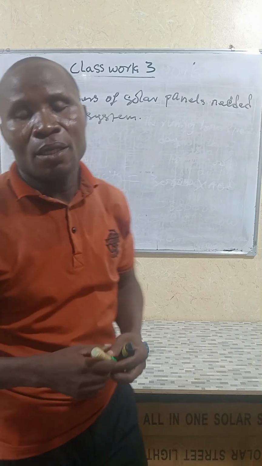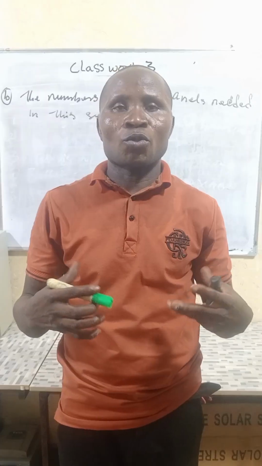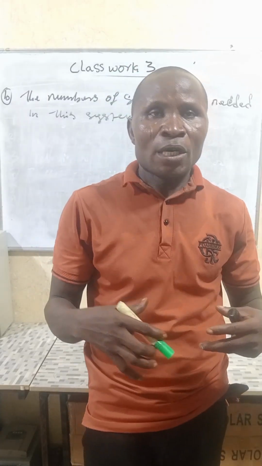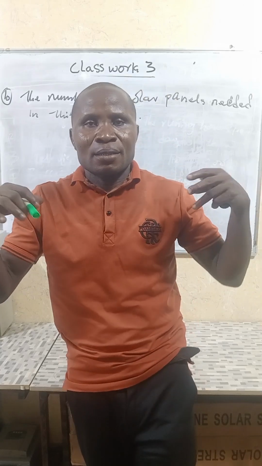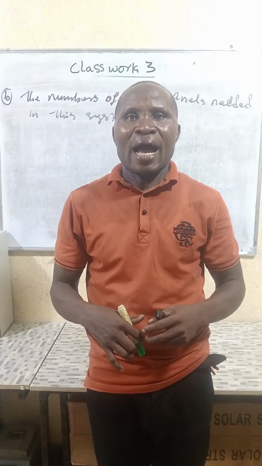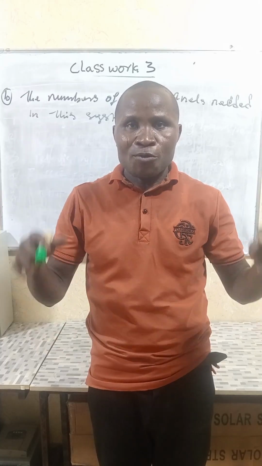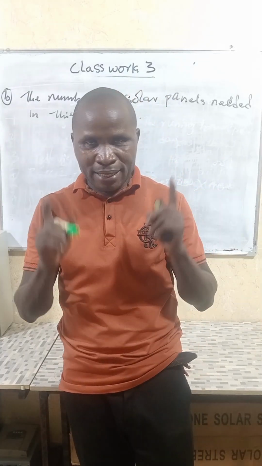Considering the region we are in, we are close to the line of equator. Therefore, our peak sun hour is considered to be what? 5 hours to 5.5 hours per day.